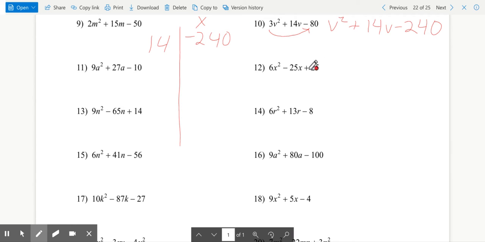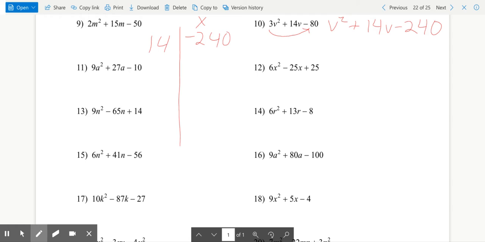If it multiplies to a negative number, then one of our factors is going to be positive and one of them is going to be negative. And since it adds to a positive number, we know it's the bigger number that's going to be positive. Remember, a negative times a positive gives us a negative. So we're going to have one negative, one positive, and the bigger one's going to be the positive one because we want to end up with a positive number here.